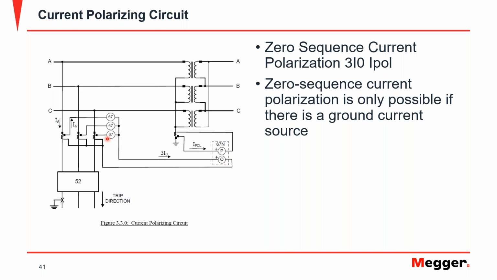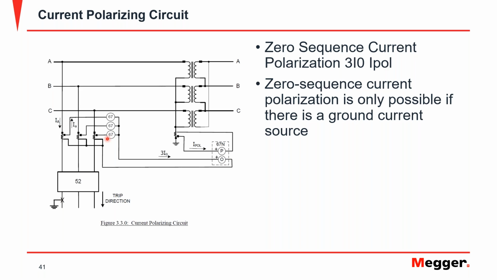Then we compare that voltage with the current that's circulating during the fault, and by using the angular relationship between that polarizing voltage and the fault current, we know whether the fault happened in one direction or the other. When we say current polarization, what we are doing is we are using two currents to determine whether there was a fault.